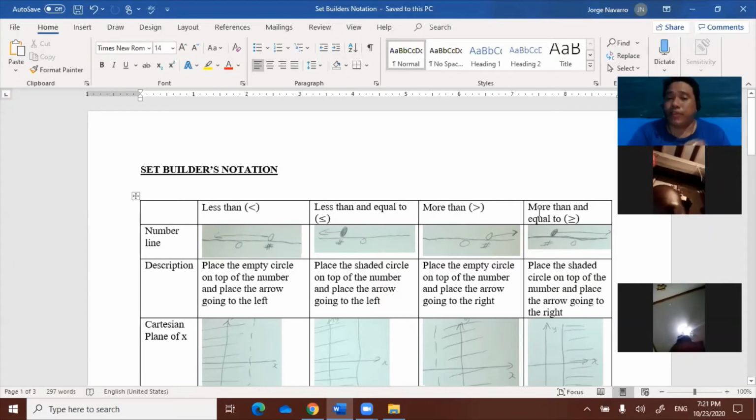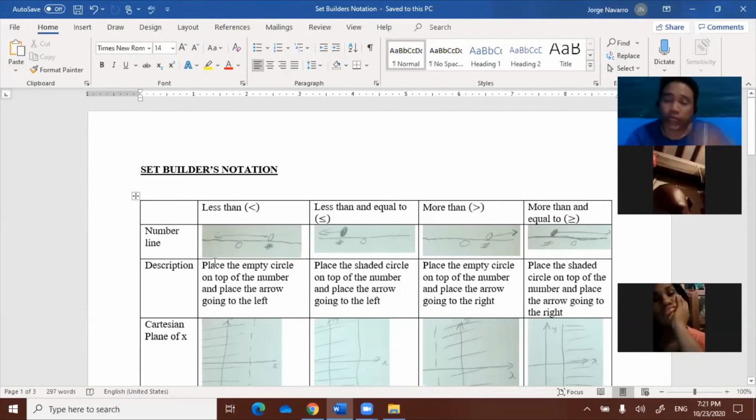And lastly, for the number line, when you have more than and equal to, again, you have the line, you have the 0, and you have the number in question. On top of the number in question, you're going to have a shaded circle and the arrow going to the right. Let's look at the description, and after the description, then you can ask your questions.